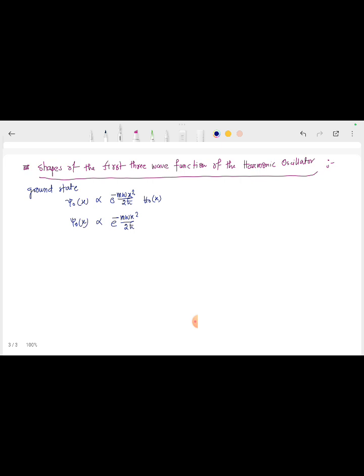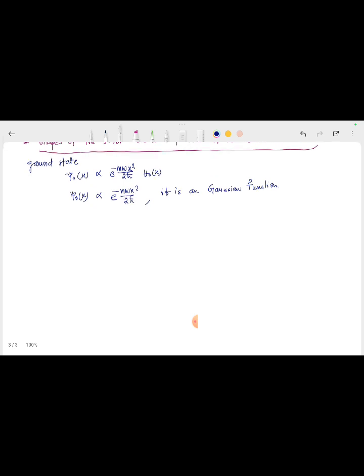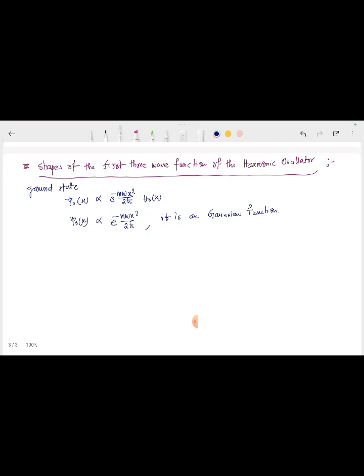So the ground state eigenfunction is a Gaussian wave function, right? And for harmonic oscillators, the limit of x is minus infinity to plus infinity.